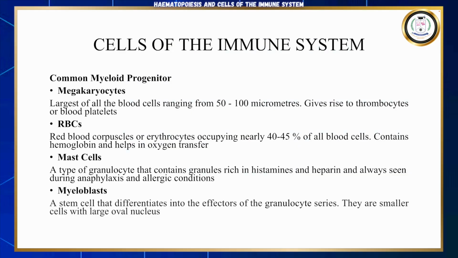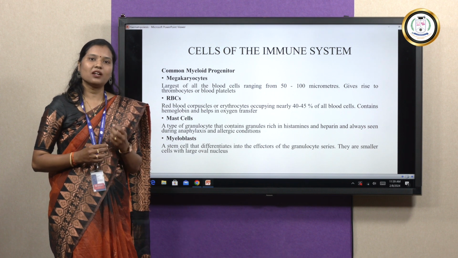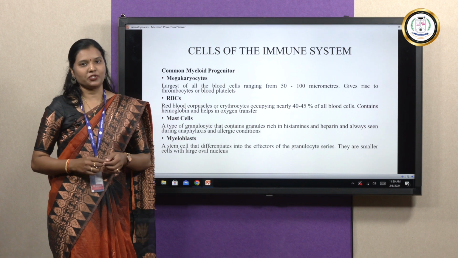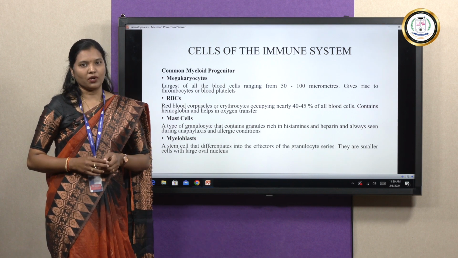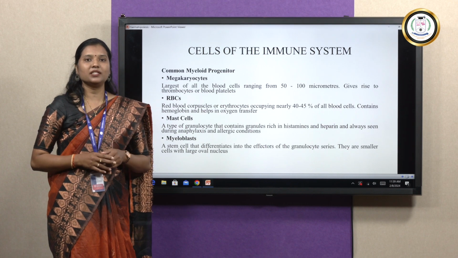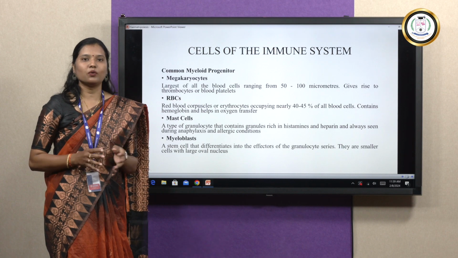Coming to RBCs. RBCs are red blood corpuscles, as we all know, and the formation of RBCs is known as erythropoiesis. The actual function of RBCs is to take up oxygen from the lungs in case of humans and gills in case of fishes and supply it all over the body. The hemoglobin present inside the RBCs binds with oxygen and supplies it all over the body.